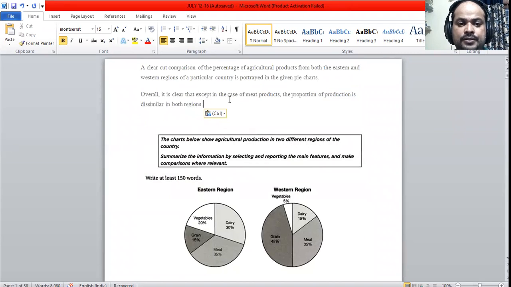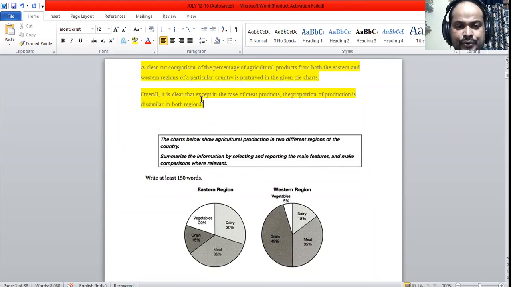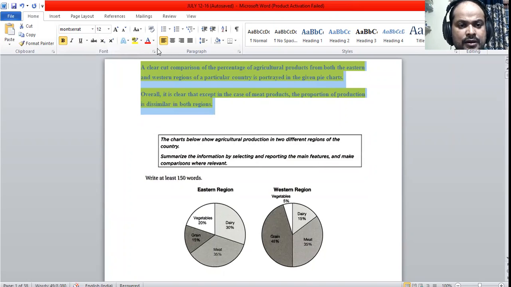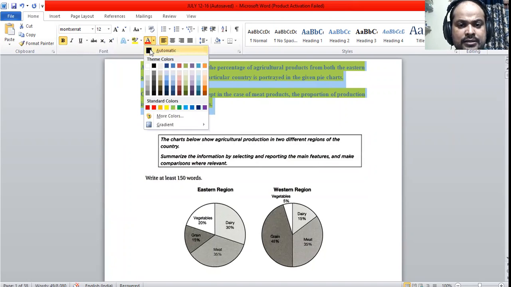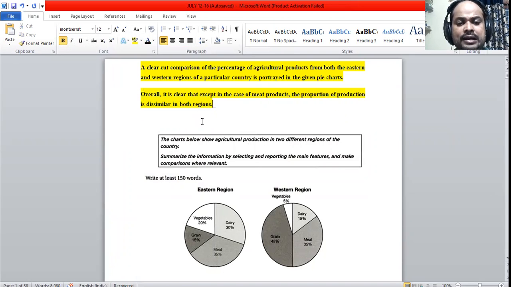So this is the introduction and the overview which is written. Let me see what exactly it is. A clear-cut comparison of the percentage of agricultural products from both the eastern and western regions of a particular country is portrayed in the given pie charts.